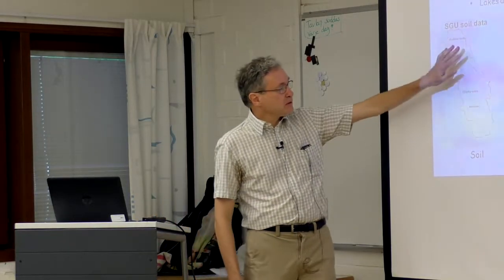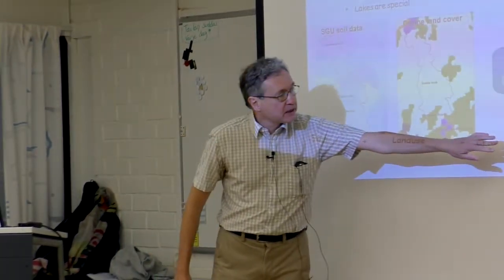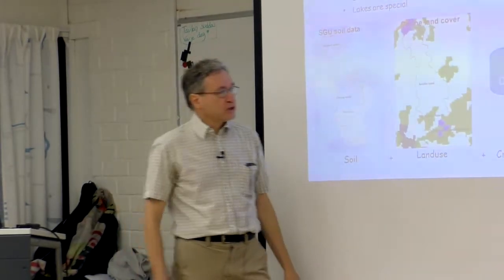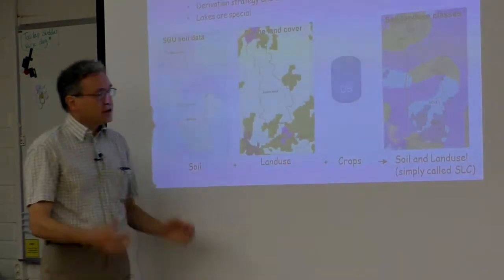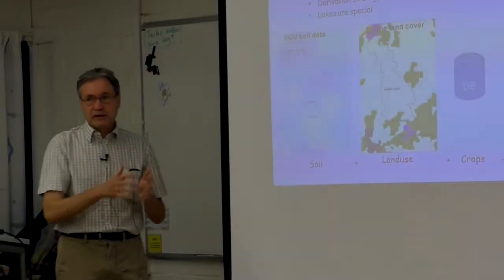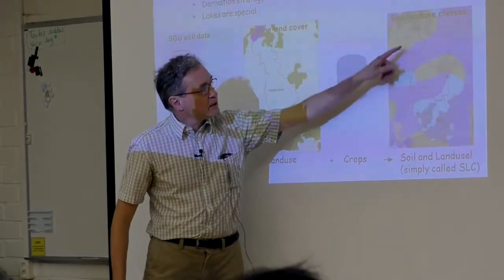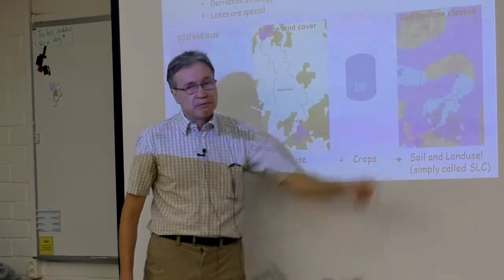What you do is you overlay information from soil data and land use, and sometimes crops if you work with water quality. You combine them into soil land use classes, and you group the individual parts of each soil land use class within a subbasin into one lumped area. So you do not distinguish between parts within a subbasin that are located at different places. It's lumped in that respect.